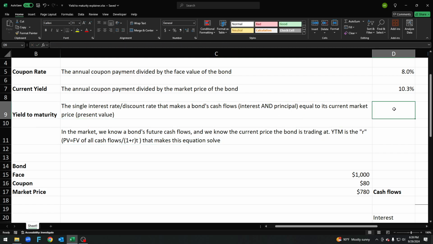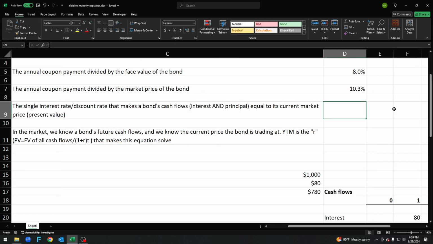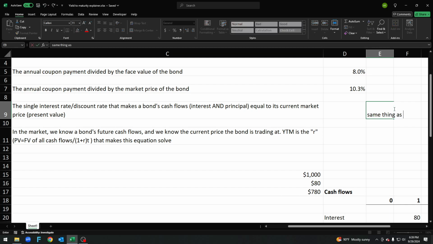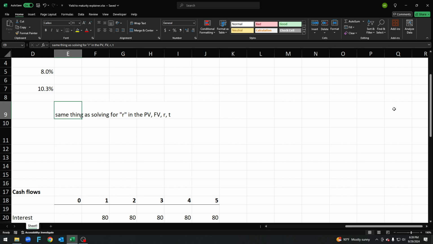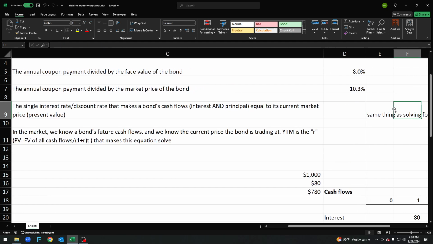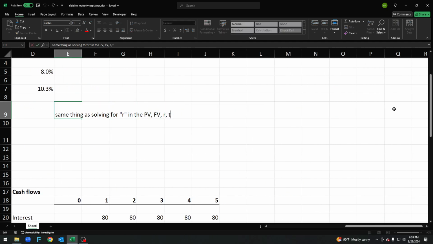This is the same thing as solving for R in the PV, FV, R, T problems. It's exactly the same thing.